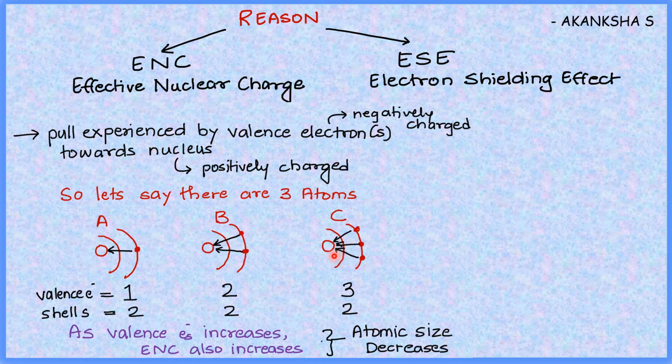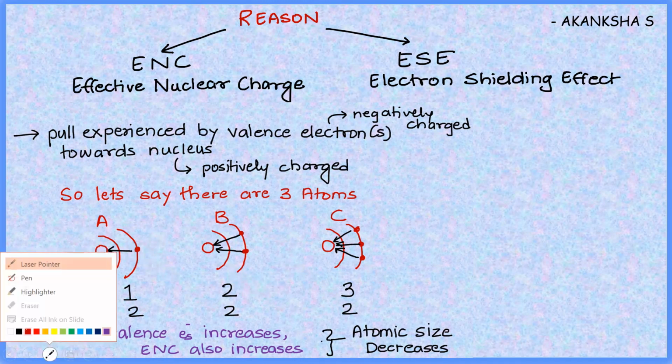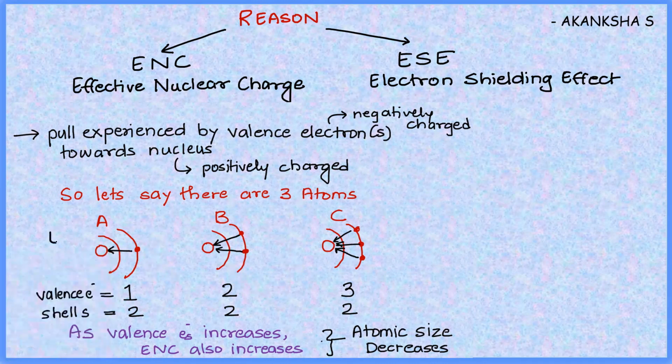Let us annotate it this way: it is taking only one ENC, the minimum pull, because only one electron has to be pulled.